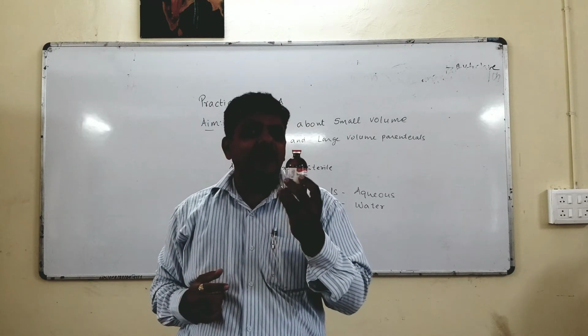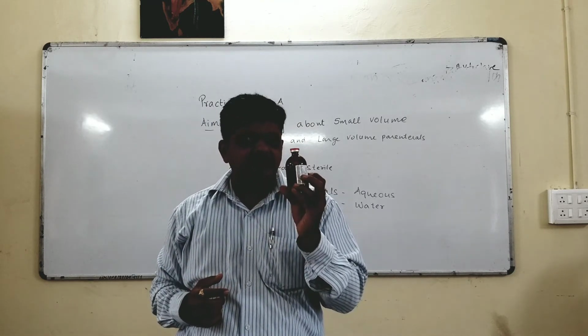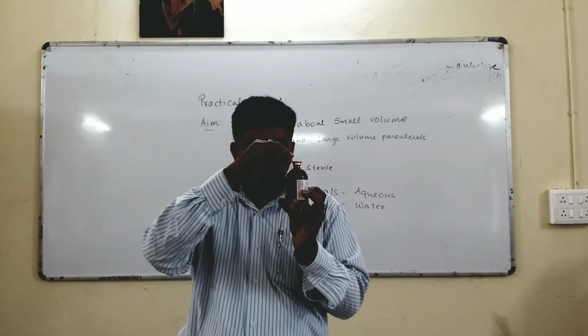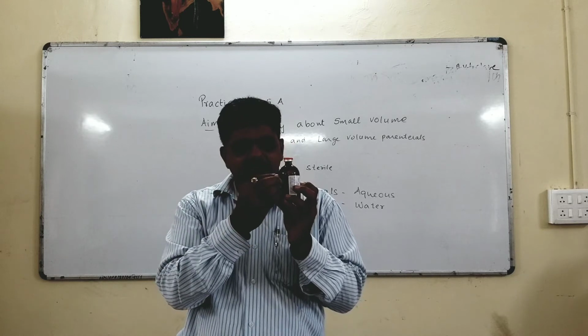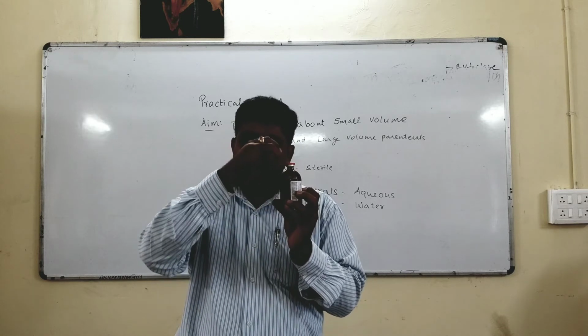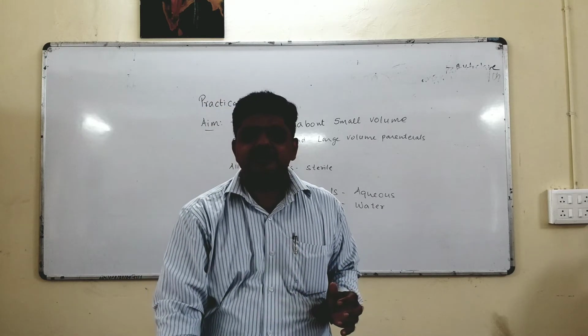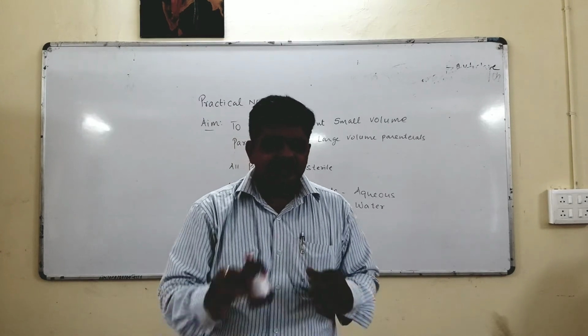You might have seen this in the doctor's clinic, where 5 ml of the drug is taken out and the remainder is stored as it is. So here there is a question.